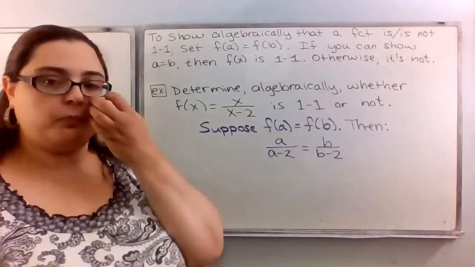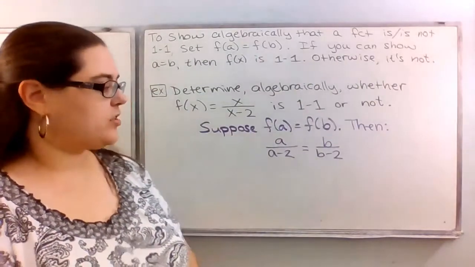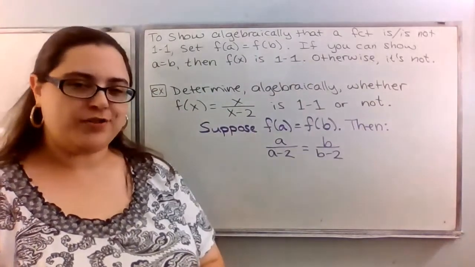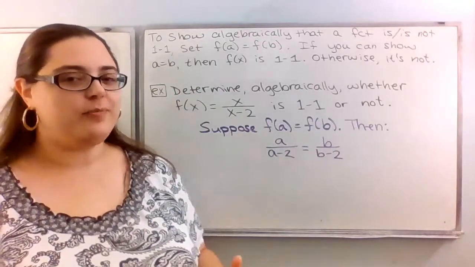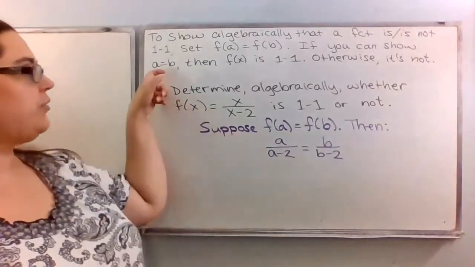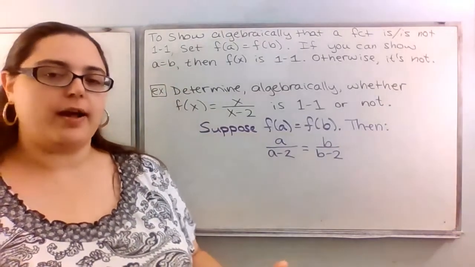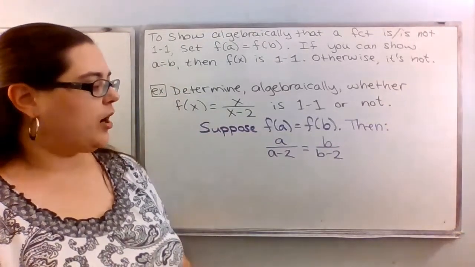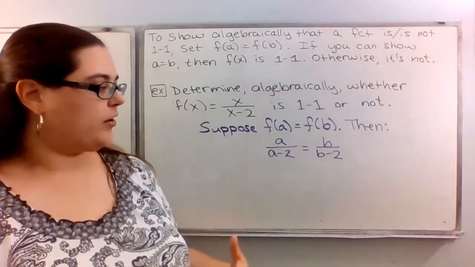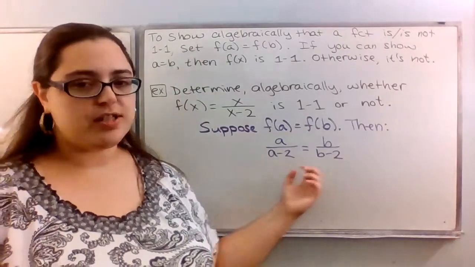Oh, goodness. So this looks like a nice and complicated equation. So let's see if we can solve it. We're trying to get to a equals b. So a good way to do that is to think about solving for a. So one thing that I want to do is get rid of these fractions here.